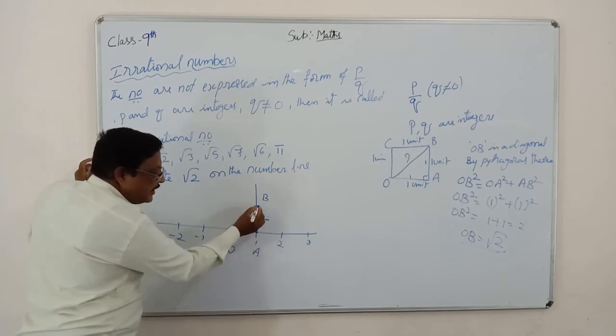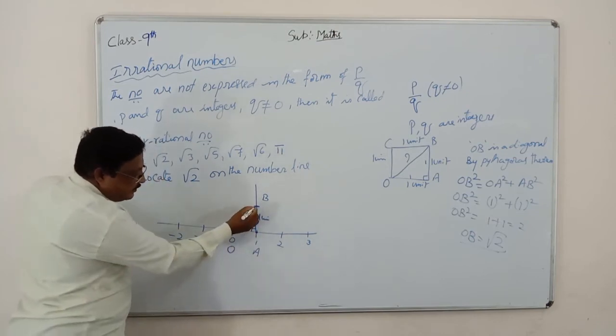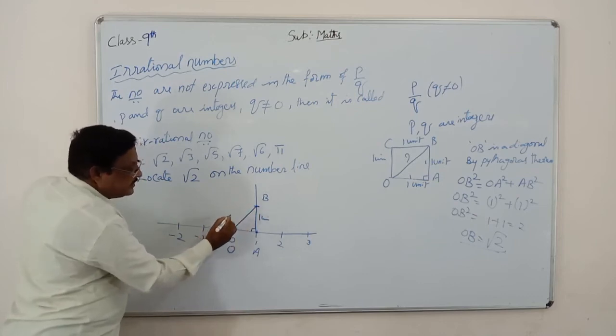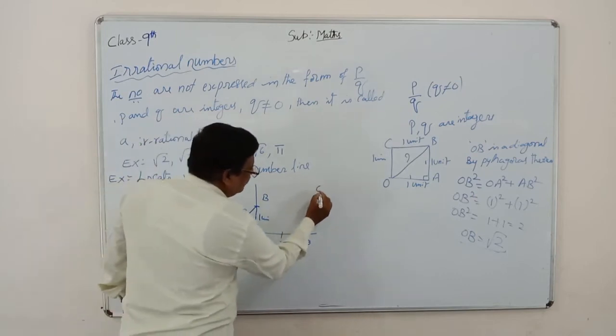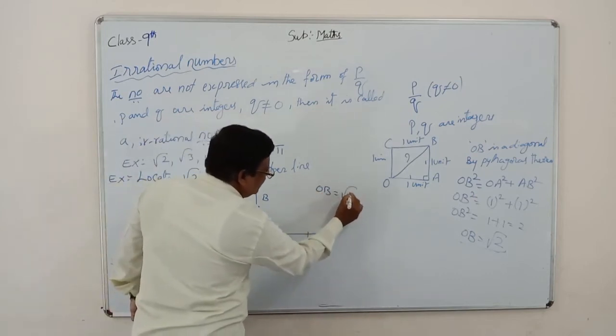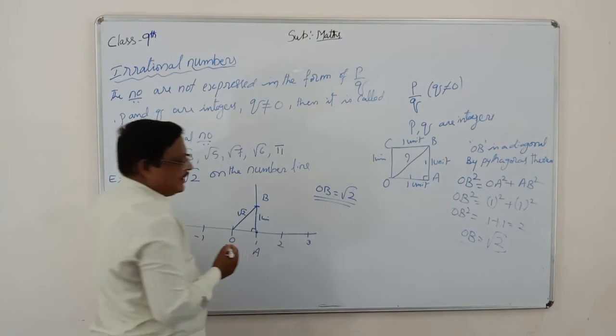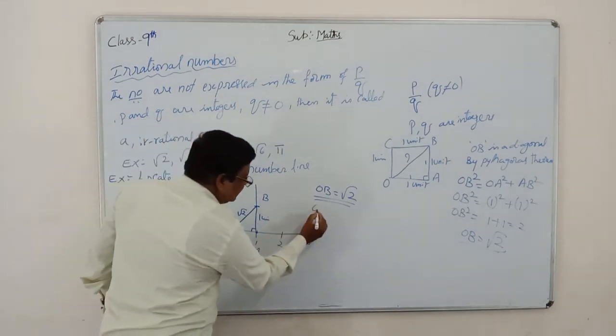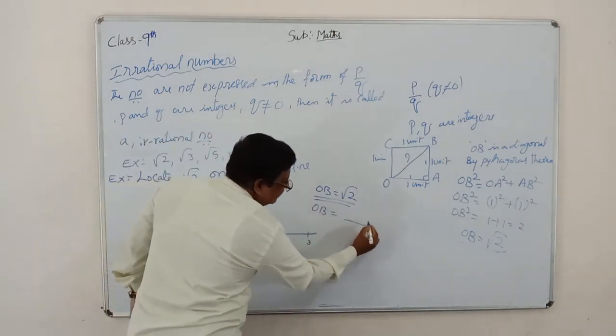This is the point B. Join B and O. This is the square root of 2. OB is equal to the square root of 2 value. You measure this and write OB is equal to this many units.